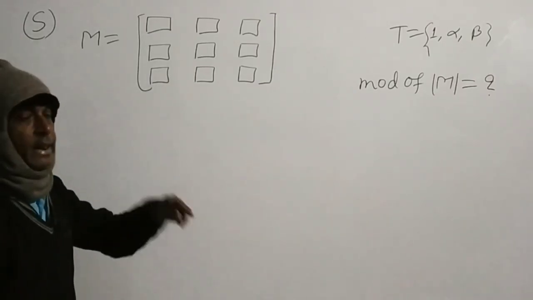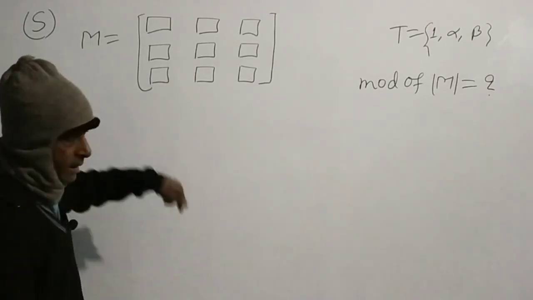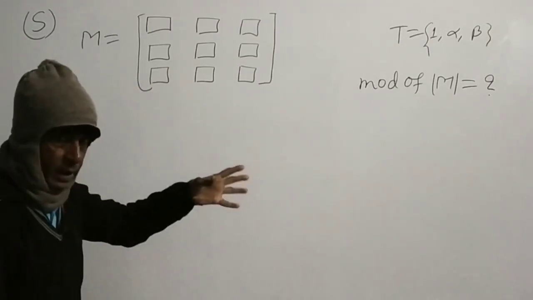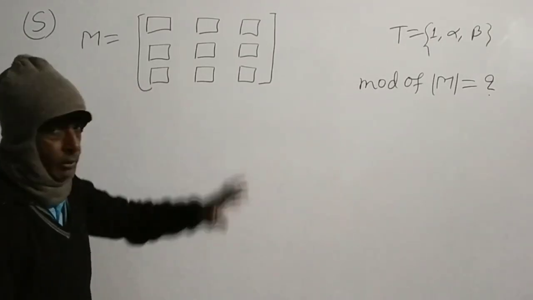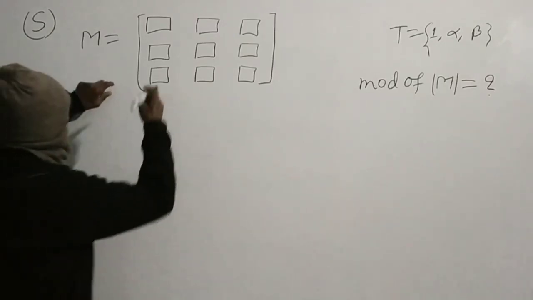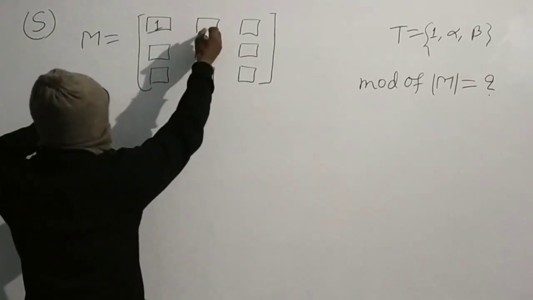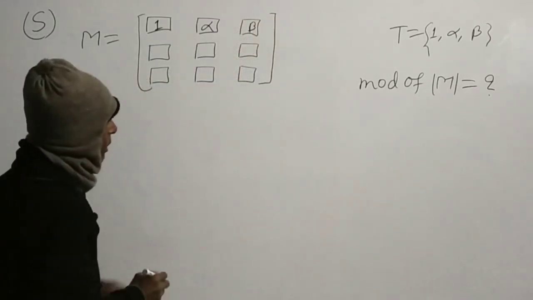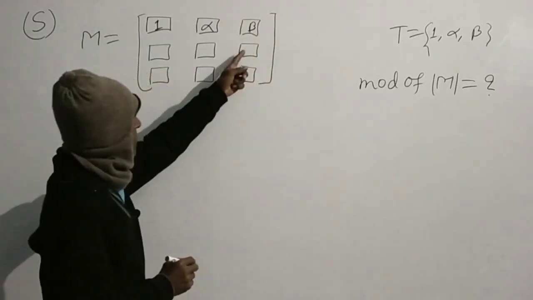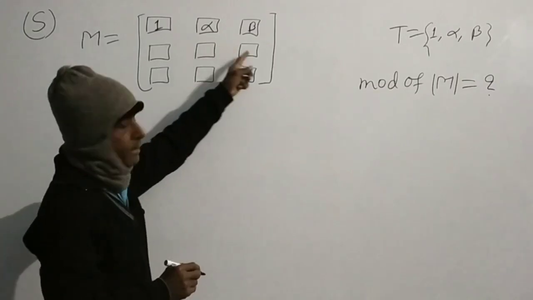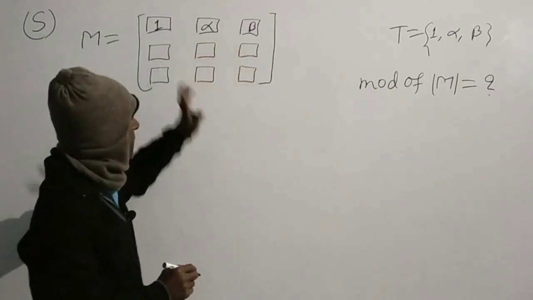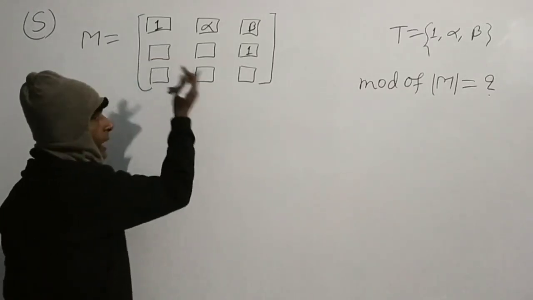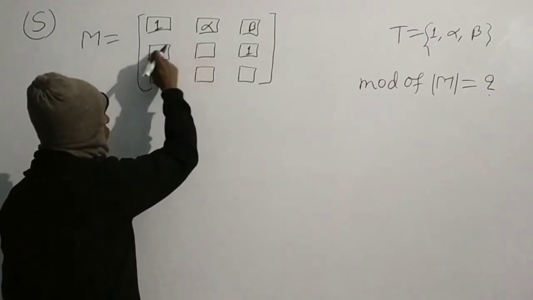We write any one such matrix M such that the sum of row elements is equal to 0. We write 1 here, alpha here, beta here. We write 1 at any place out of these 3 places, and alpha at any place out of these 2 places.